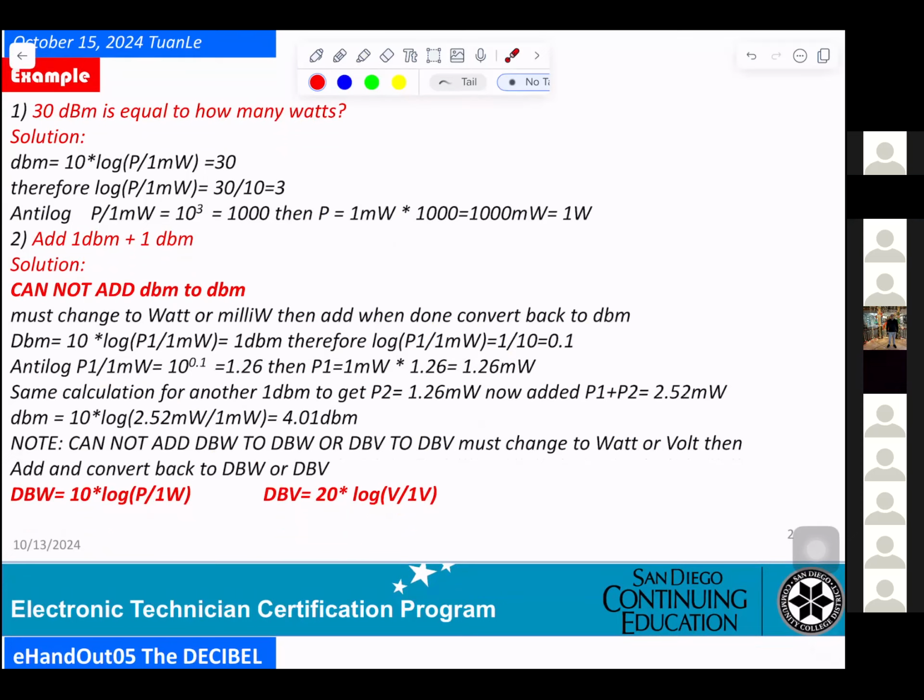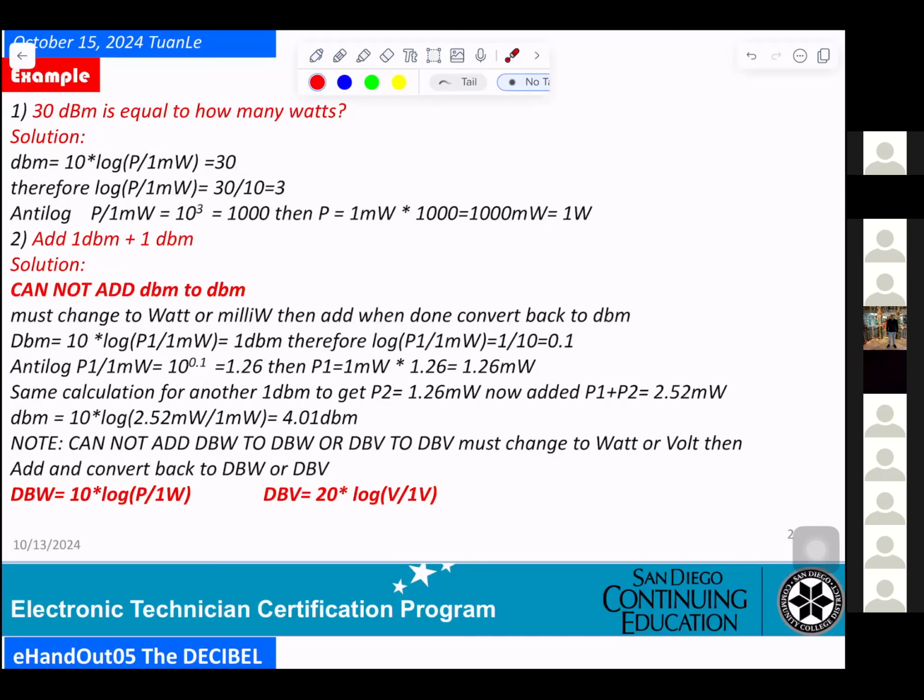Okay. You understand the decibel is just a unit when they are working on communication. That means RF, radio frequency. Okay.